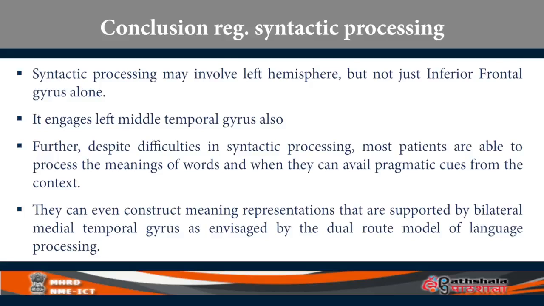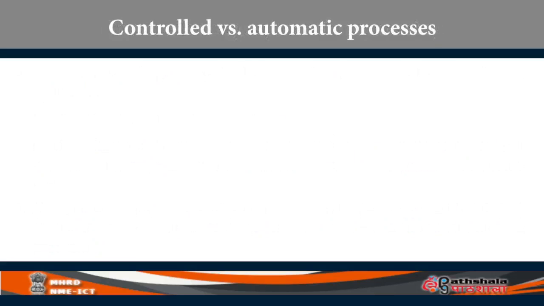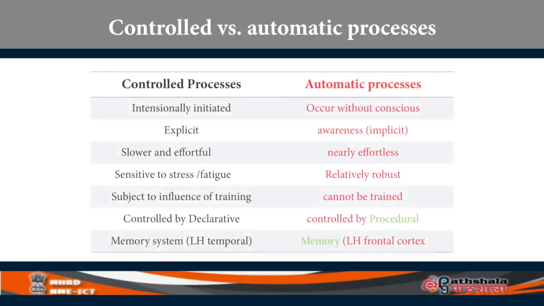Alright. So, also in this module, the concept called control versus automatic process, let me spend another minute summarizing what control processes are in relation to language. They are intentionally initiated, they are explicit, they are slower and effortful, they are sensitive to stress and fatigue, subject to the influence of training, and they are controlled by declarative memory, which is more or less associated with the left hemisphere temporal lobes.